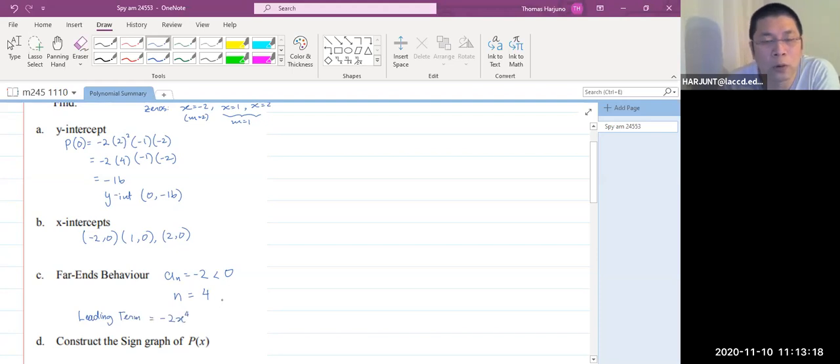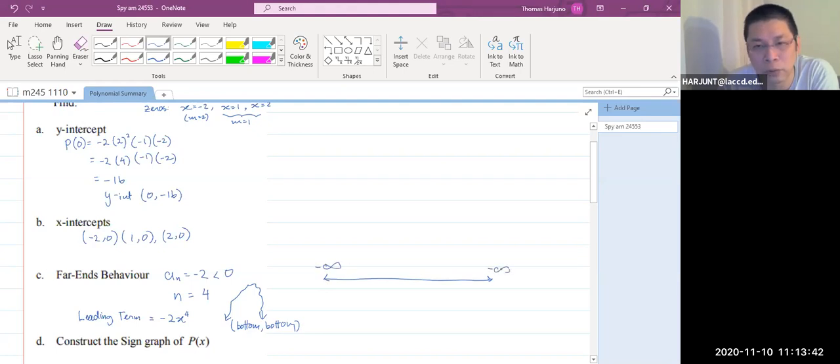Therefore, the graph will be bottom. That is, if we go very far to the left, the value here will go to -infinity. When we go very far to the right, it will also go to -infinity.